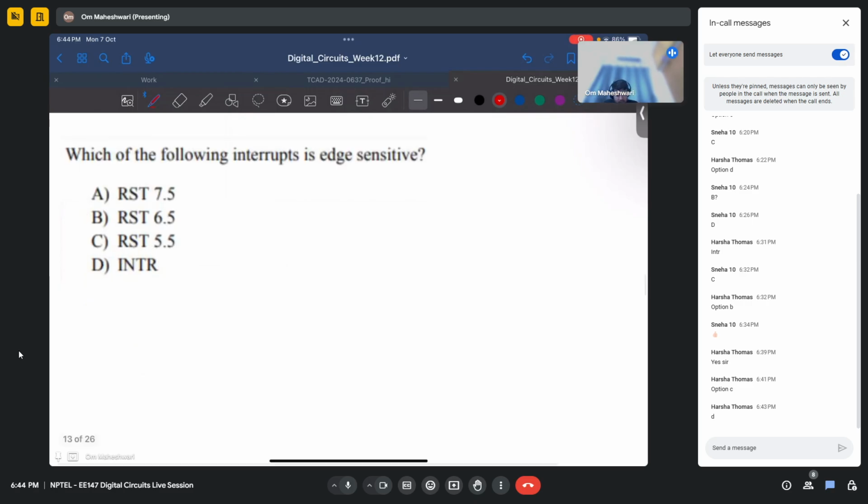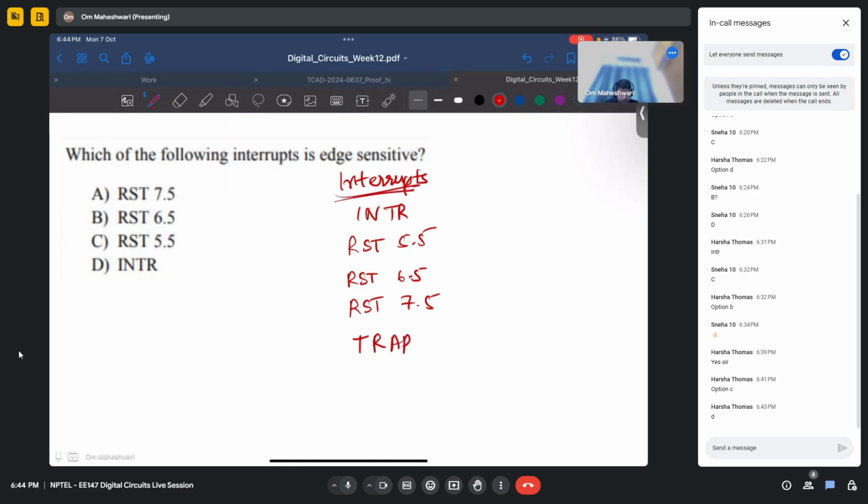Let's see this. The interrupts we have are INTR, RST 5.5, RST 6.5, RST 7.5, and TRAP. These are all the hardware interrupts that we have.